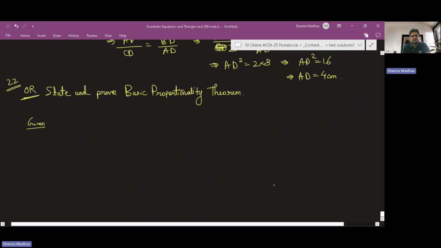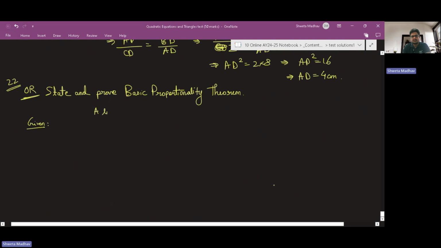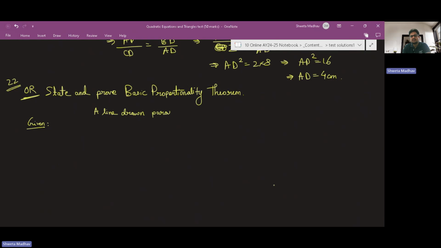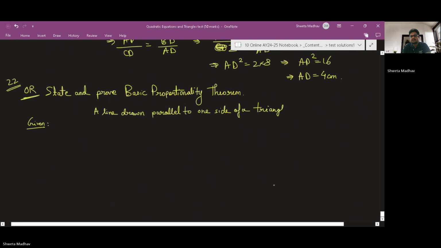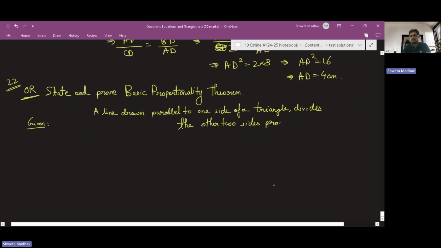So here it will be given that the basic proportionality theorem states that a line drawn parallel to one side of a triangle divides the other two sides proportionally.